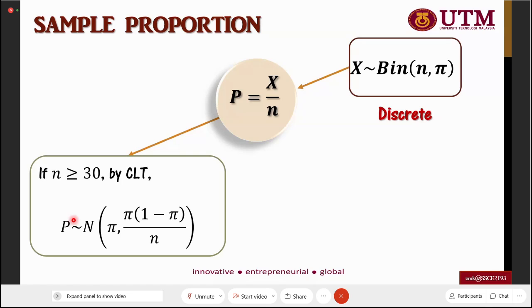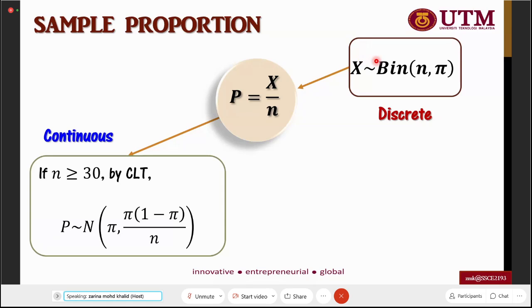So if you look at this situation from discrete X to continuous, where P here is X over n, n is just a constant value. But the variable here goes from discrete to continuous, different from the case where you learn about X bar.